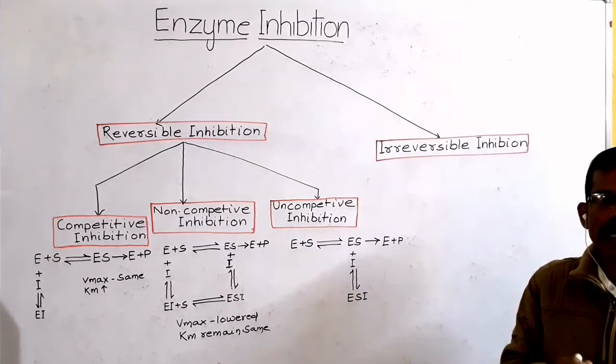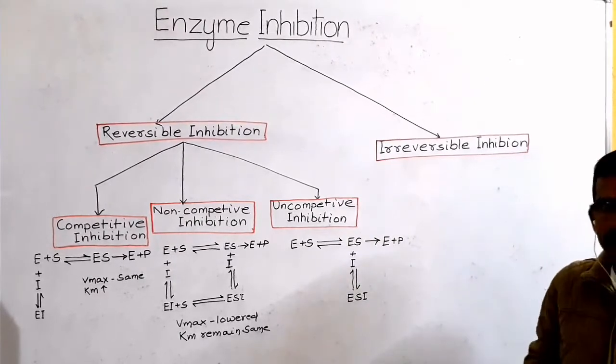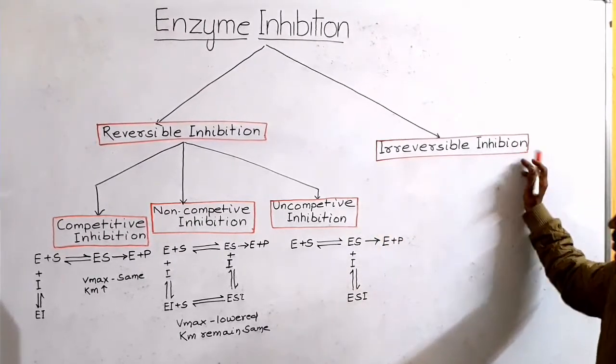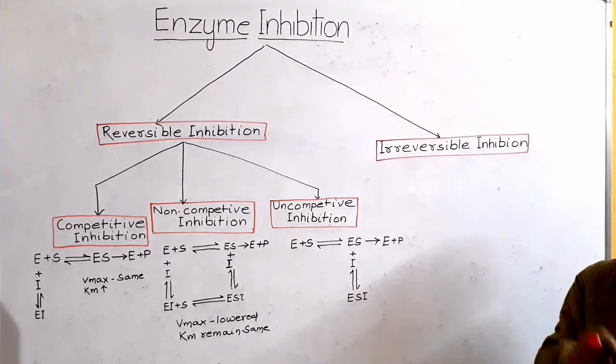The second type of enzyme inhibition is irreversible inhibition. In this type of inhibition, the enzyme is permanently inactivated and the inhibitor binds tightly with the enzyme. As a result, it is only slowly dissociated from the enzyme.